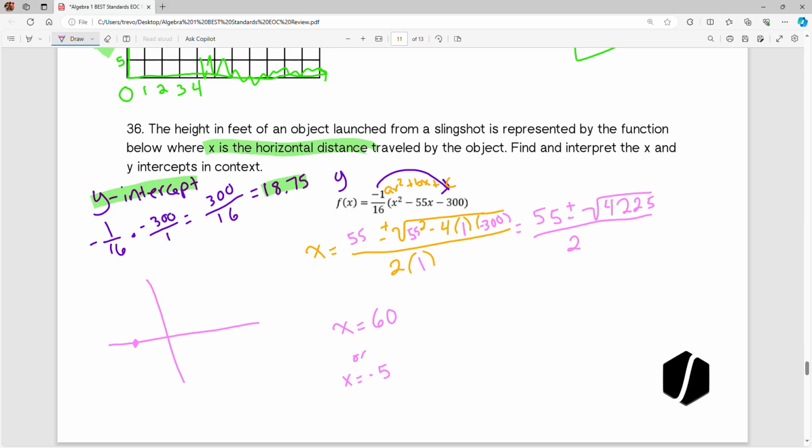When you're launching from the slingshot, it's starting at the y-intercept, 18.75. So it's going to hit the ground at 60. So we're going to use this for the x-intercept, and this goes away because it just doesn't make sense.